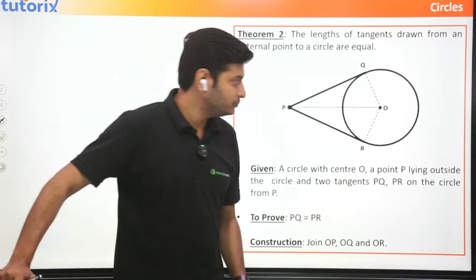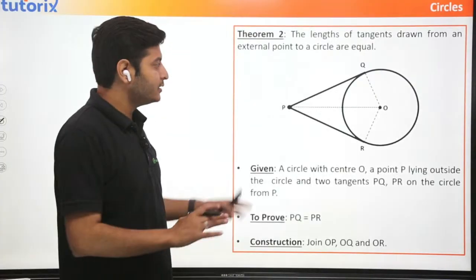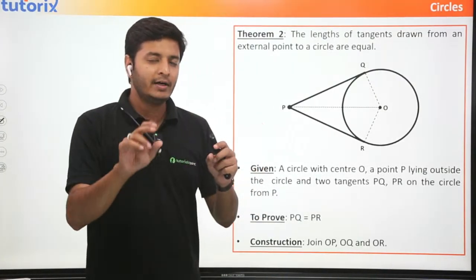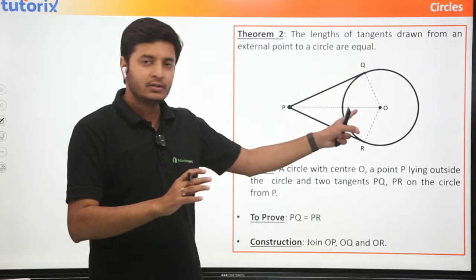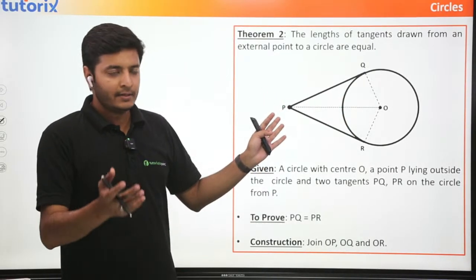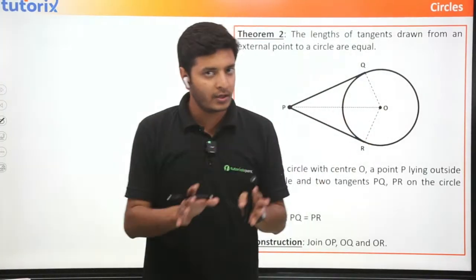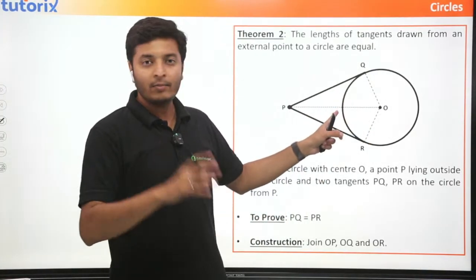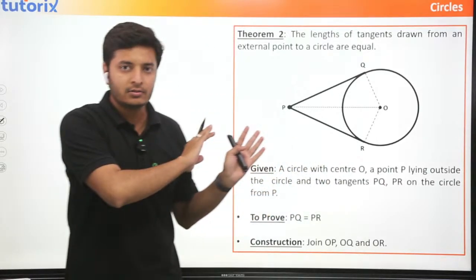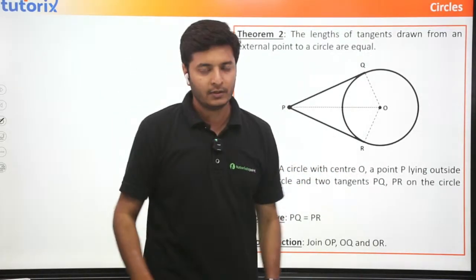Theorem number 2. As I told you that there are 3 cases. In case you are given a circle and a point, it can be inside of the circle, at the boundary, or outside of the circle. If it is inside of the circle, we cannot draw any tangent. If it is at the boundary of the circle, then the theorem related to that case we already understood. Now the second one.